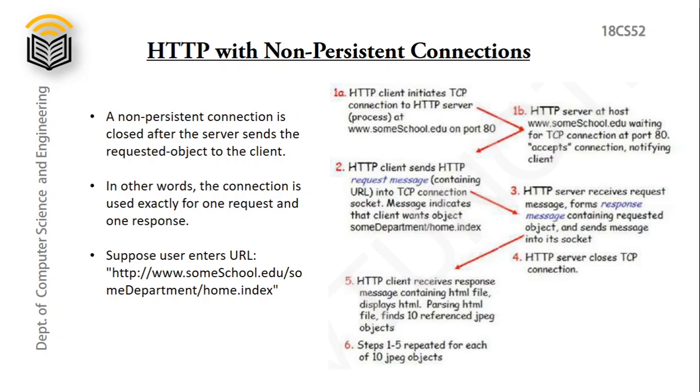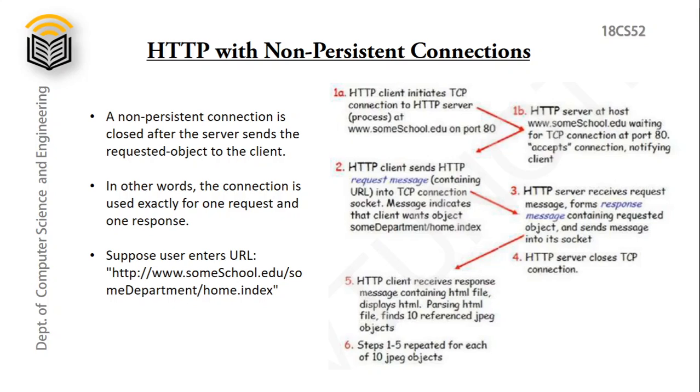The HTTP client sends an HTTP request message into the TCP connection socket. Here the message indicates the object that the client needs, referred by the path name. Next, the HTTP server receives the request message, then forms the response message containing the requested object and sends it into its socket. Once the response message is sent to the client, the HTTP server closes the TCP connection.